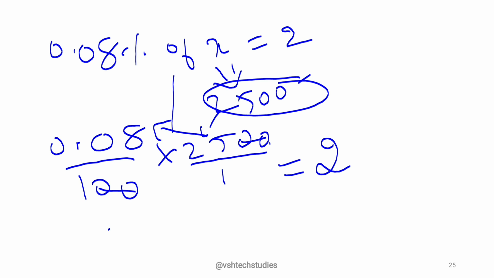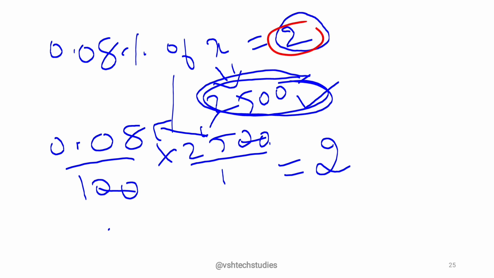Means when he checks 2,500 meters, 0.08% of that, 2 meters, is defective. To get 2 meters defective, he should have checked 2,500 meters. That is the analysis, approach, solution and verification of the solution also.